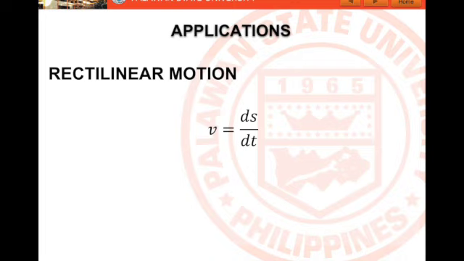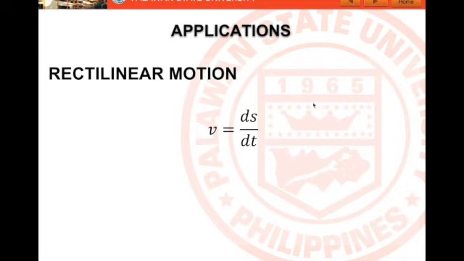If you can recall from our first meeting, we already had a short discussion about the relationships of position, velocity, and acceleration. You defined velocity as the change in position or distance with respect to the change in time.